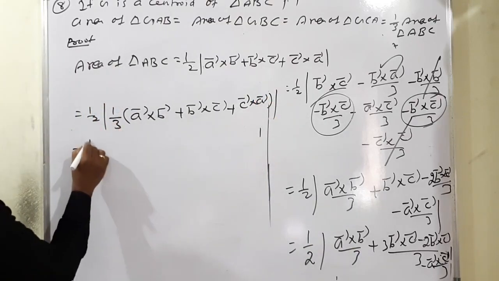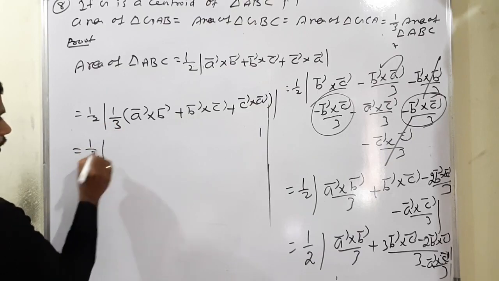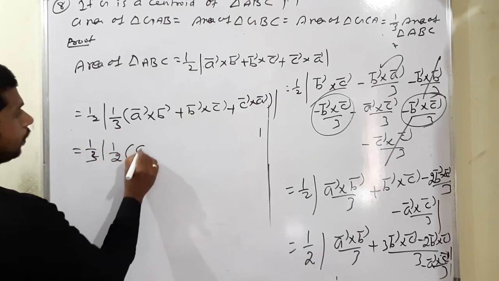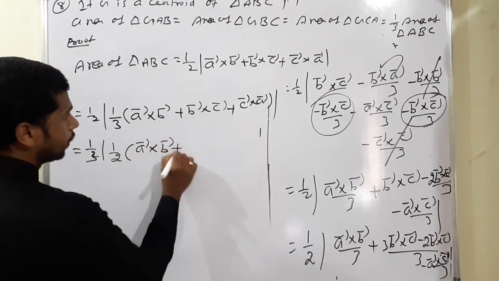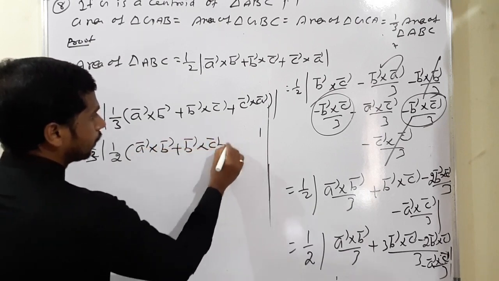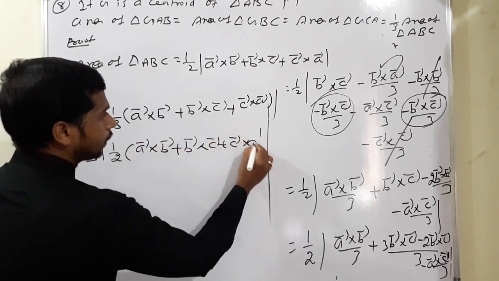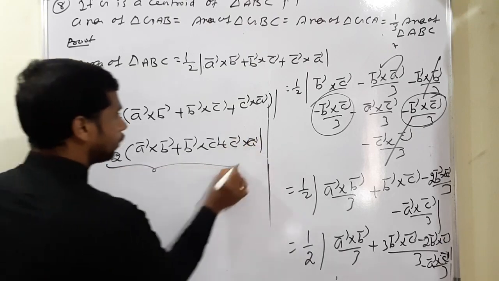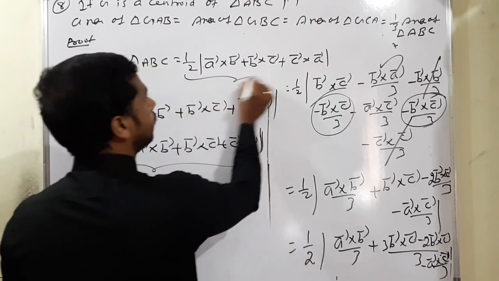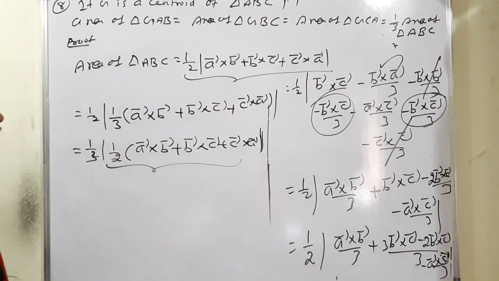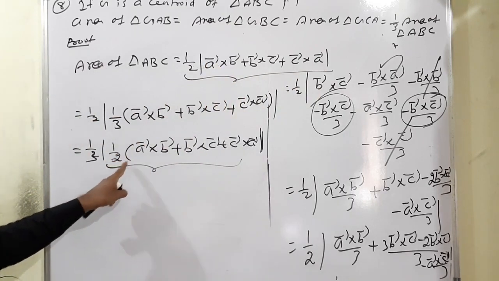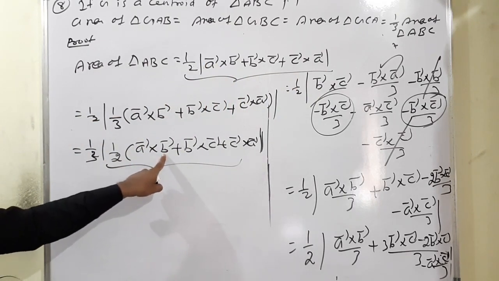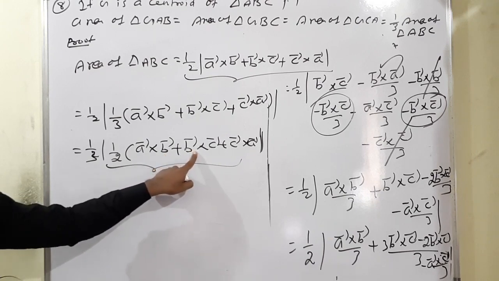Now look at there. So 1 by 3 take common outside, inside 1 by 2 means what will happen? So A vector cross B vector plus B vector cross C vector plus C vector cross A vector. This is already we found inside modulus value. What is the meaning? 1 by 2 into A vector cross B vector, then plus B vector cross C vector.